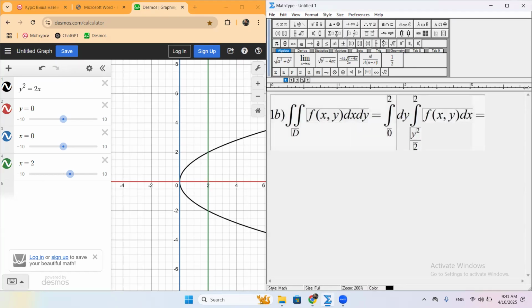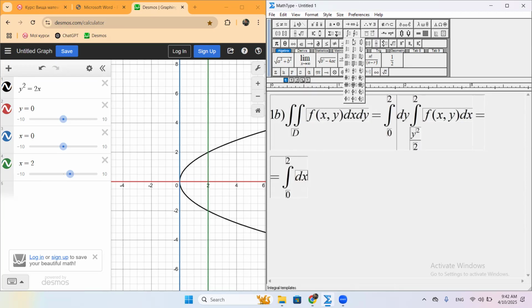And we can also do it in another way. We can change the order of integration. So firstly, the outer integral will be by x, so x from 0 to 2.